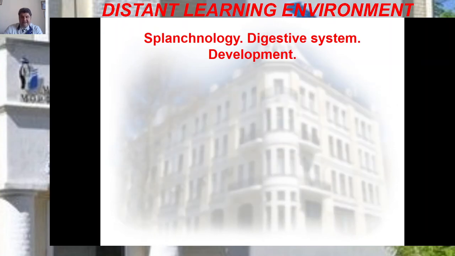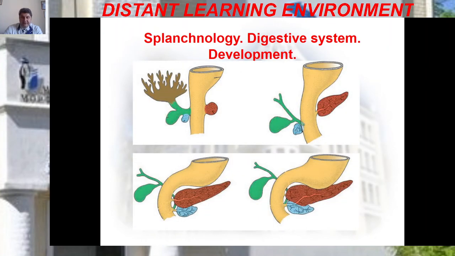So let's talk in detail about derivatives. You may see this part is foregut, and on this picture you may see the development of stomach, duodenum, pancreas, and liver.